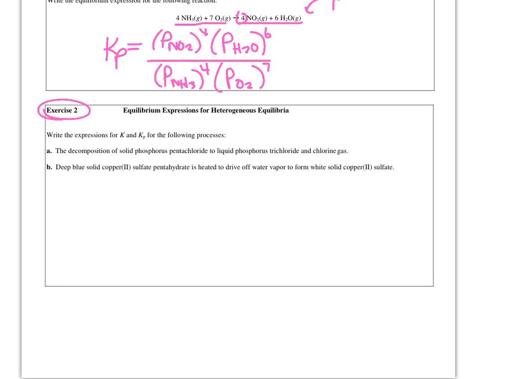Keep in mind, solids wouldn't be included. Liquids wouldn't be included when you write your equilibrium expression. So pay very close attention to that. Now, if it is aqueous, then yes, it would. I will check those for you, just check your notes.